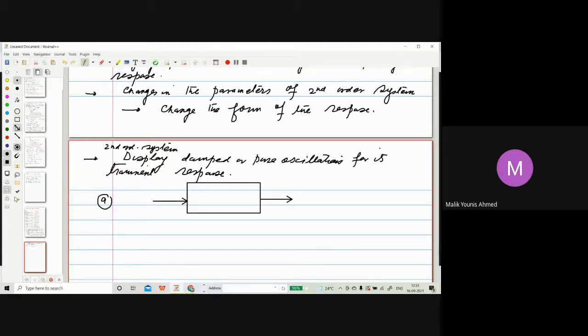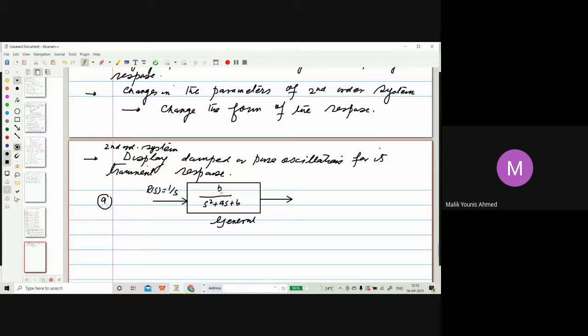R(s) will be a step input, and the general second order system we are considering is b divided by s squared plus a s plus b.